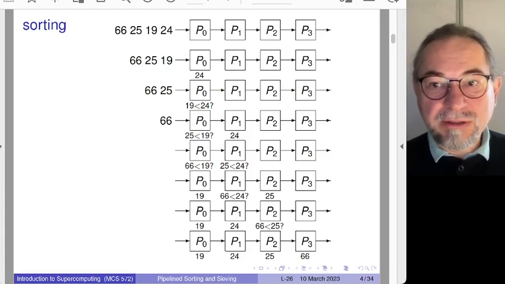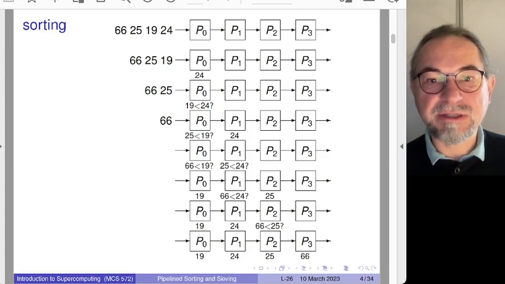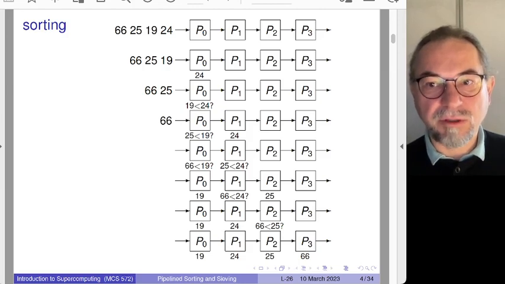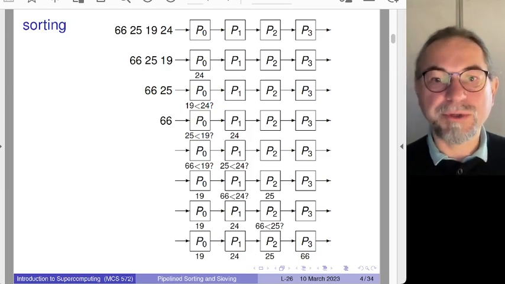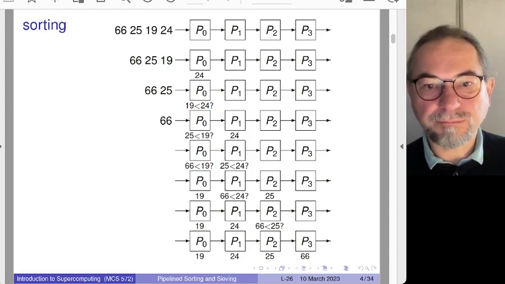The sorting or the inserting of new data into older data can happen simultaneously with the sending of the data. So there is the older data. One can overlap the communication with the computation.